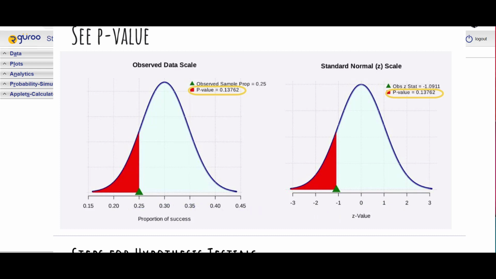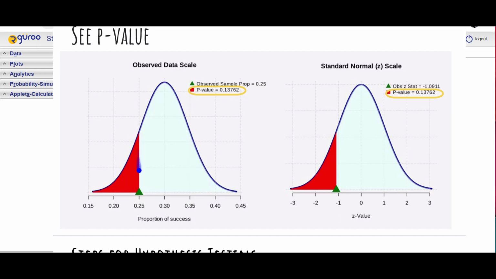The difference is this value here is your sample statistic, so either your sample proportion or your sample mean. Over here, it's if we converted it to a z-score on a standard normal curve, and it would go here. Now, if it's left-tailed, it finds the probability to the left. If it's right-tailed, it finds the probability to the right. If it's two-tailed, the shadings are on both sides, right?